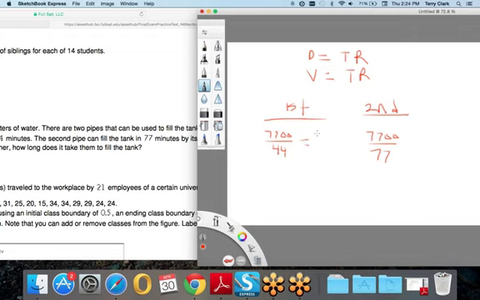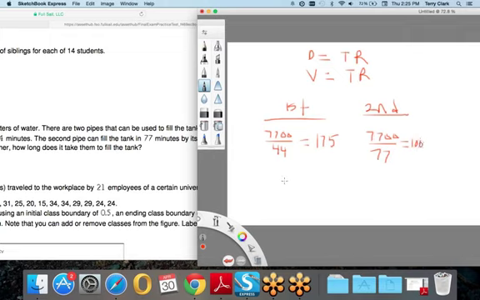So that's going to be 175 liters per minute. So instead of MPH, it's going to be LPM. And then for the next one, we're going to take 7,700 divided by 77, and that's going to be 100.